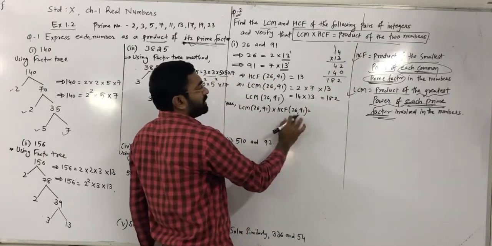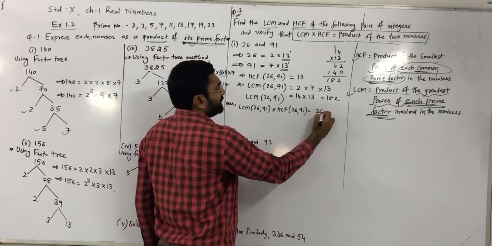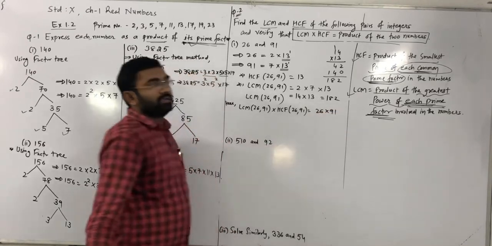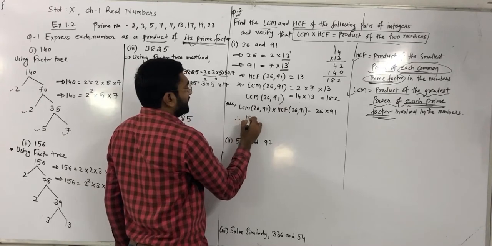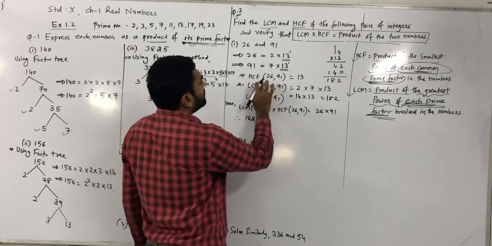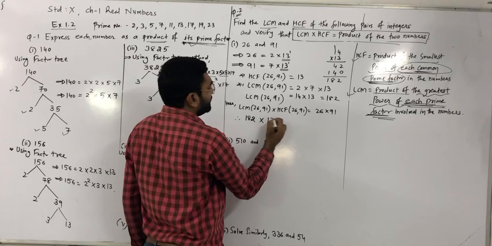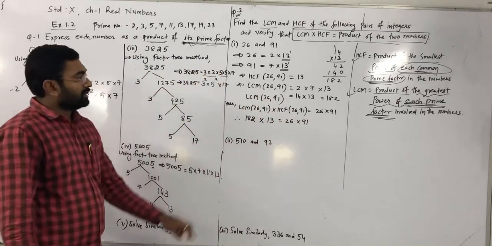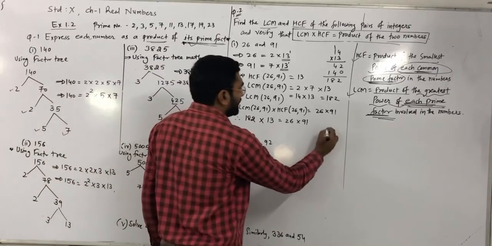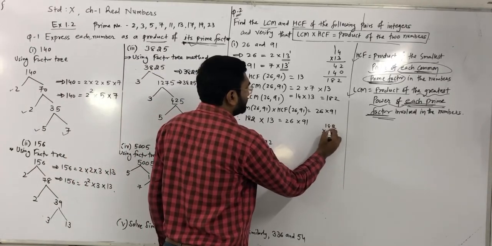The product of the two numbers is 26 into 91, which we write here. The LCM we already found is 182, and the HCF of the two numbers is 13. So 182 into 13 is equal to 26 into 91. On the left hand side, 182 is multiplied with 13.